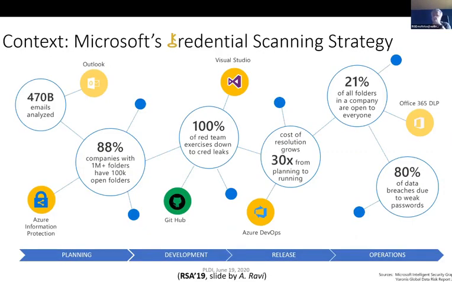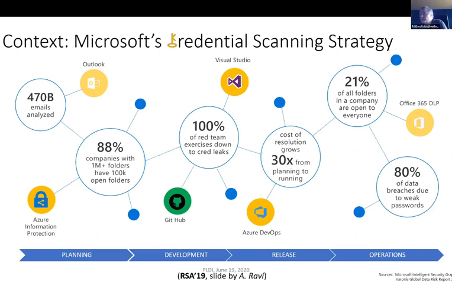So the context of this work that I mentioned is credential scanning. One of the slides I'm borrowing is by Arvind Ravi. He's working in Azure, and he presented the talk at RSA last year.